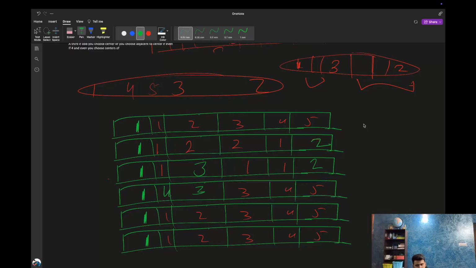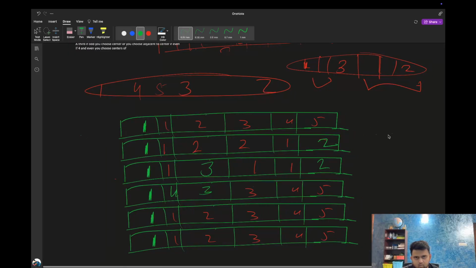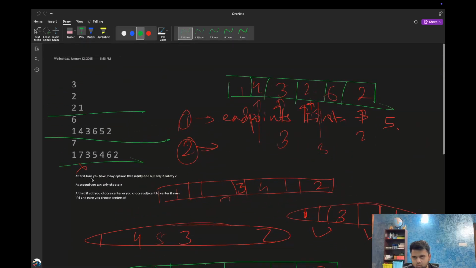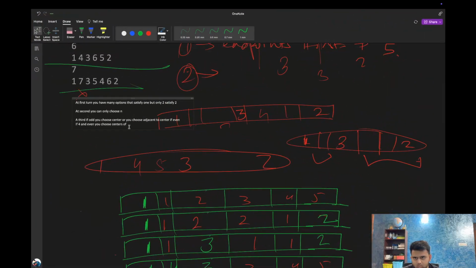So once you reach ones in the distance array, any choice of numbers will work.